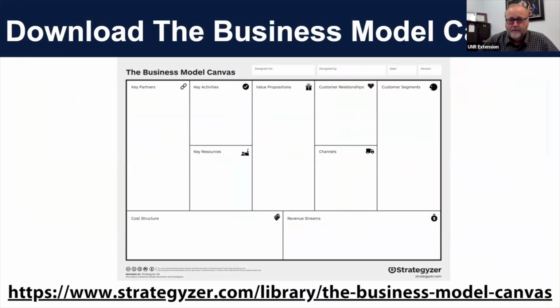You can download for free your own business model canvas form. It's at a website called strategyzer.com. If you go there, you'll put your email address in, and you'll be able to download a PDF of the business model canvas.